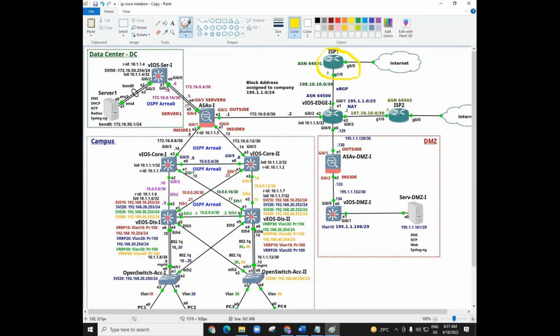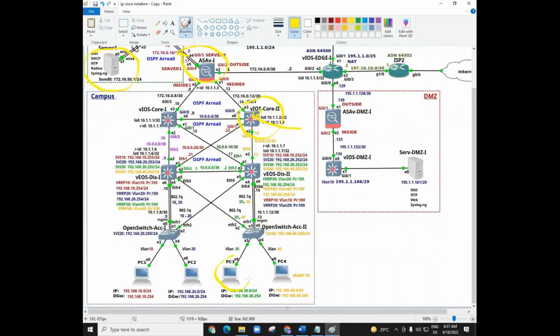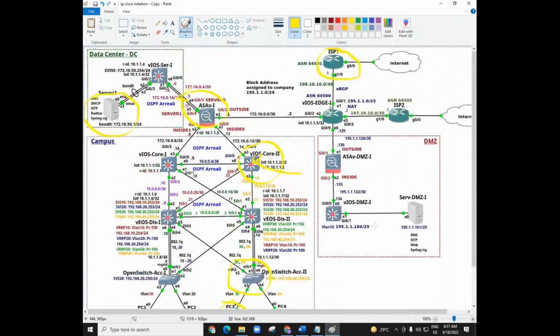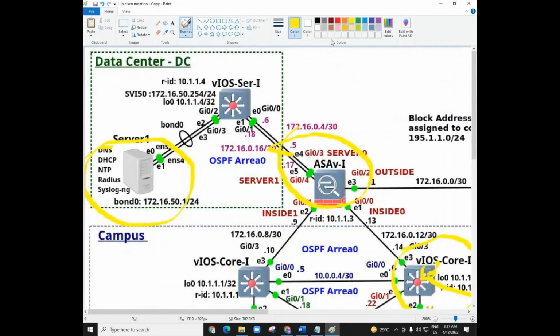Then there is a firewall here. This is some voice device. There is a server here and we have a computer here and there is a switch here. So we can see all these different devices here, right? But what is the one thing that is common in each and every device? Let me zoom in. The most common thing between each and every device is a number there. See, on this server, what is the number?